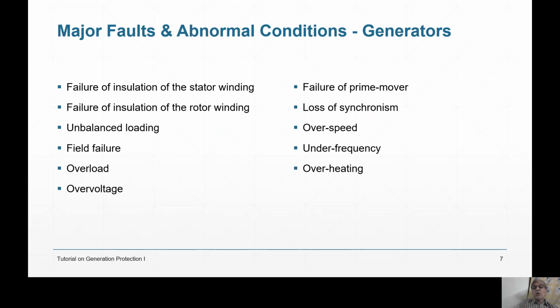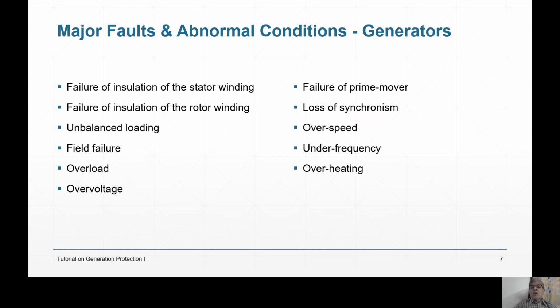But if you go to 49.7, the steam condenses in the last stage of the LP turbine, the low pressure turbine, and the low pressure turbine over a period of time will be damaged. So if its life is 15 years, it will live for 5 years, or 7 years, or 8 years. So the life expectancy of the turbine reduces. So under frequency is a very important phenomenon.